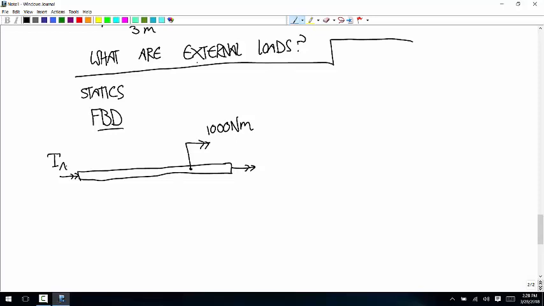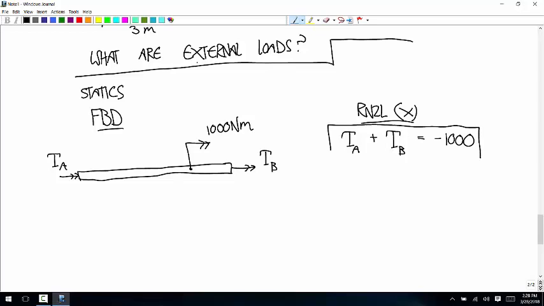I'll call this torque A and torque B. The moment equation about the x-axis says torque A plus torque B plus 1,000 is equal to 0, or these two together are equal to negative 1,000. So that's one useful equation, two variables. So we know we're going to have to find more equations, and we'll just call that equation star and move on.